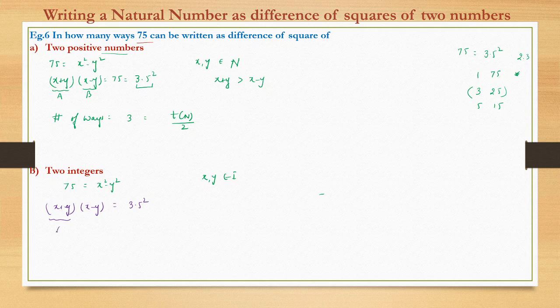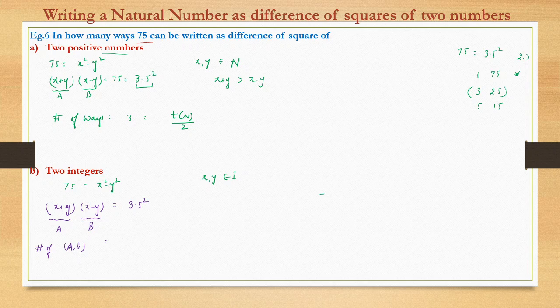Now x plus y is a, x minus y is b, and a and b can be any integers, right? So the number of ways of writing this number 75 as a product of two integers would be what? That will be nothing but the number of a, b pairs.